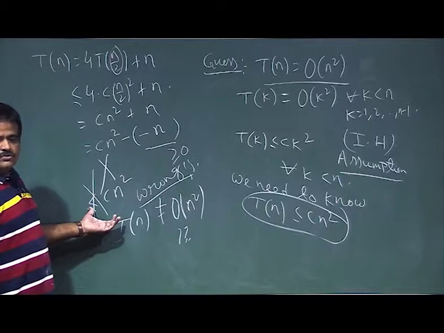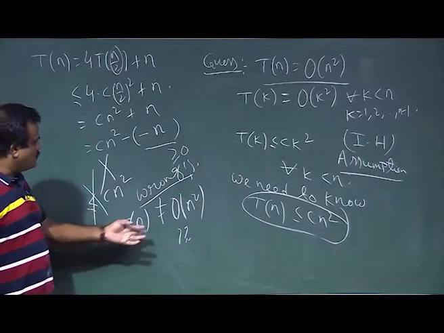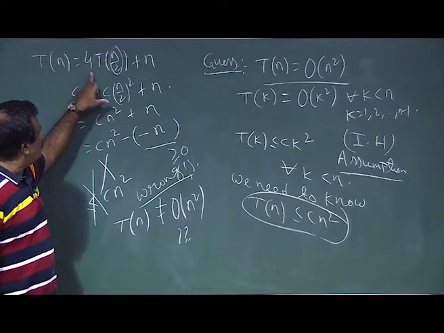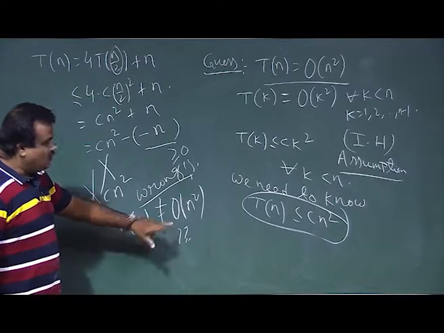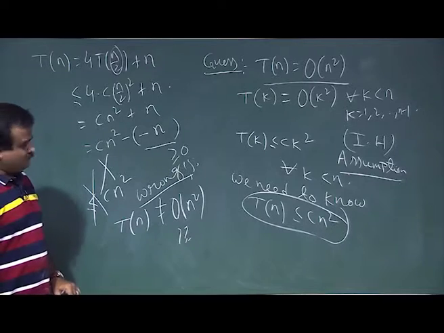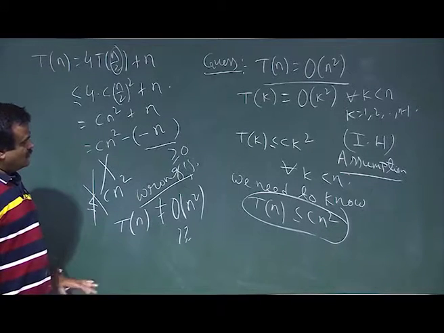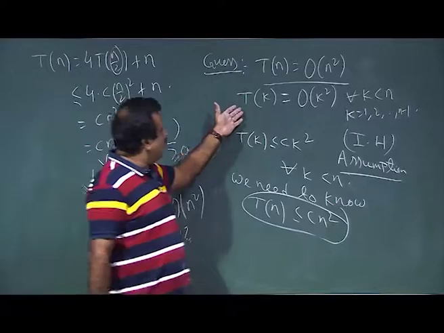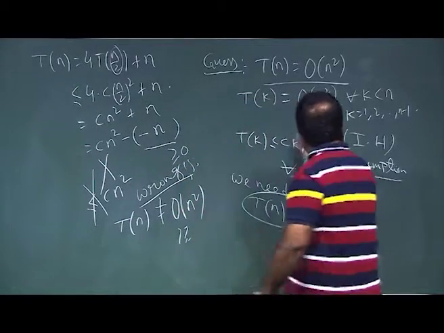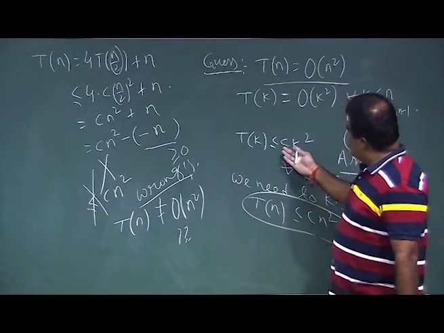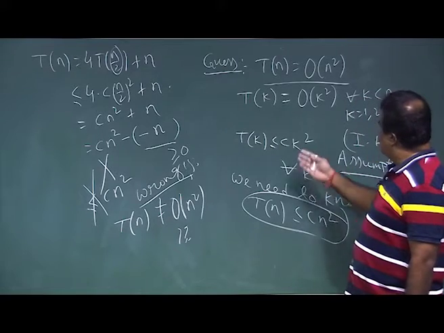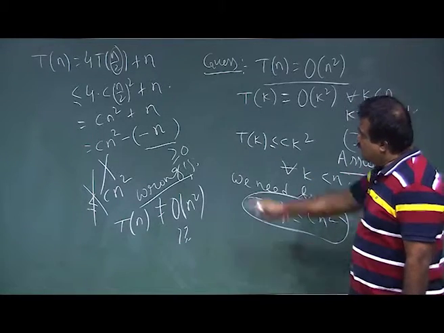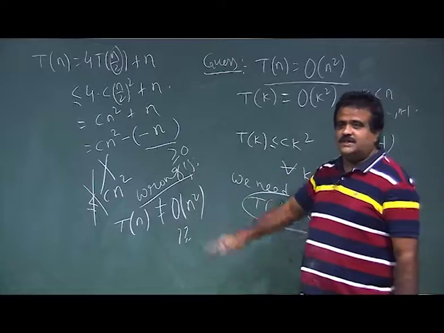So, can we conclude that the solution is not big O of n square, or do we have something to say over here in this bound? This way we cannot achieve this.